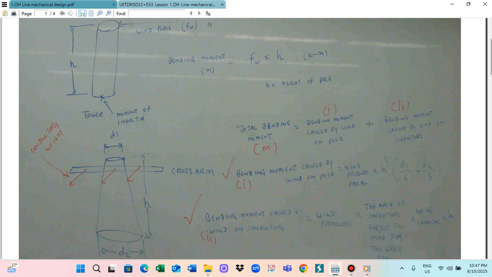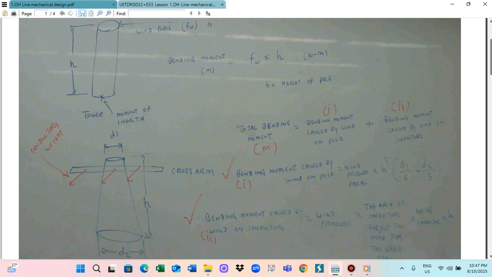So these are two bending moments put on this pole. One bending moment is from the wind directly hitting the pole, so the wind is trying to rotate the pole. Similarly, the conductors are also subject to the air. Because of the air pressure, they are also trying to twist the pole.